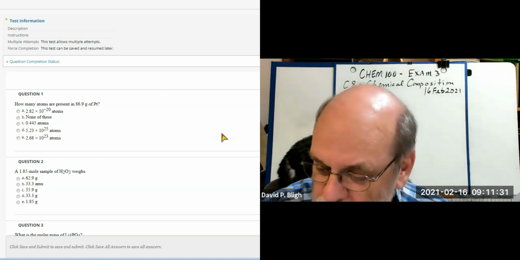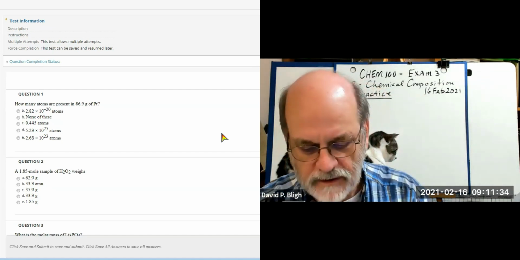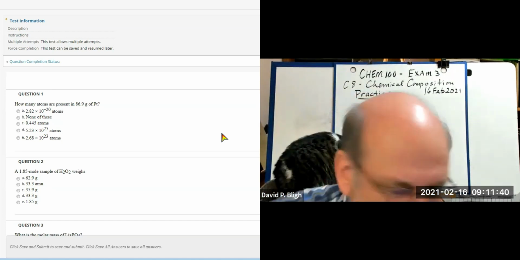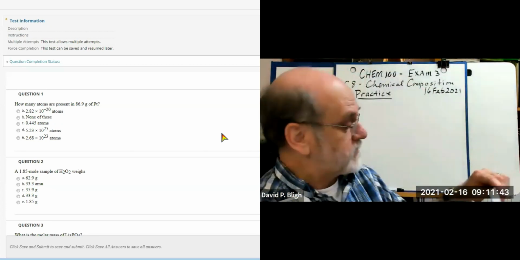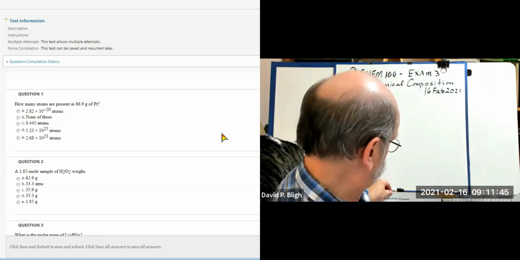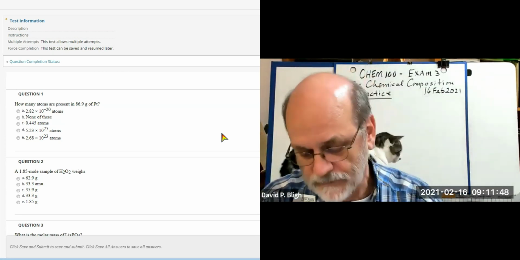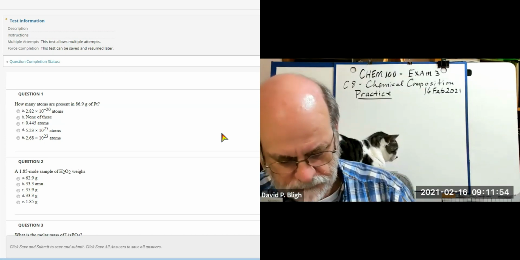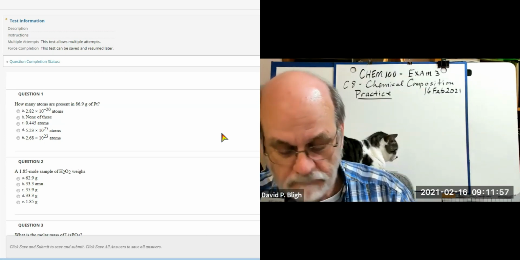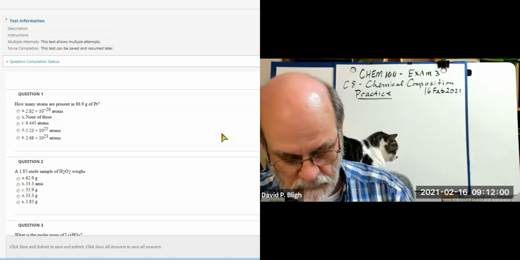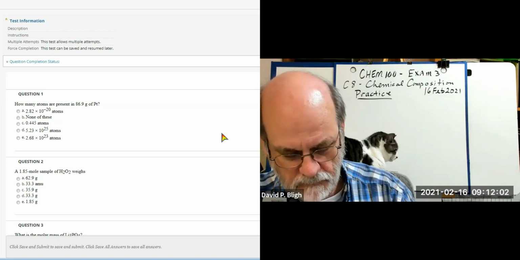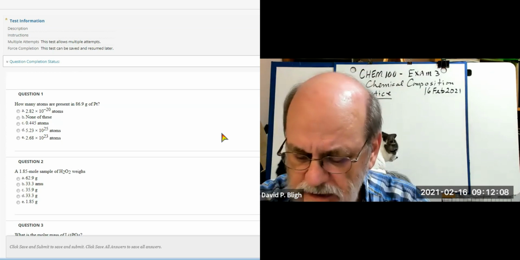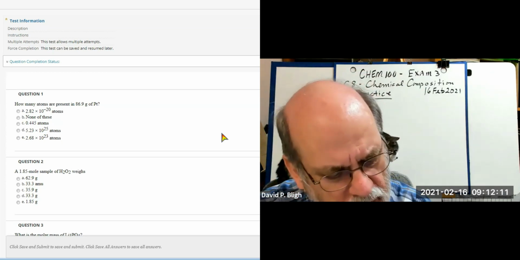Yep, okay, how many atoms? Yep, that'll do it. Okay, so I need my calculator. You're going to need a calculator too. All right. So let's see. Significant figures. I'll have this much.